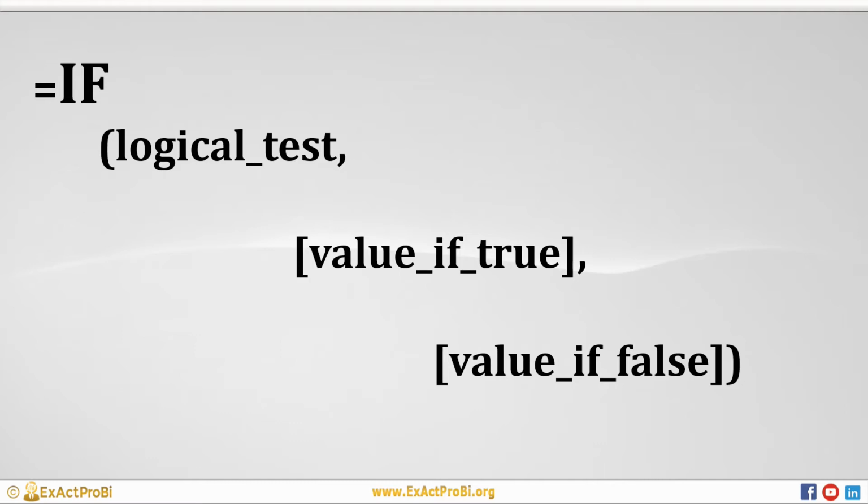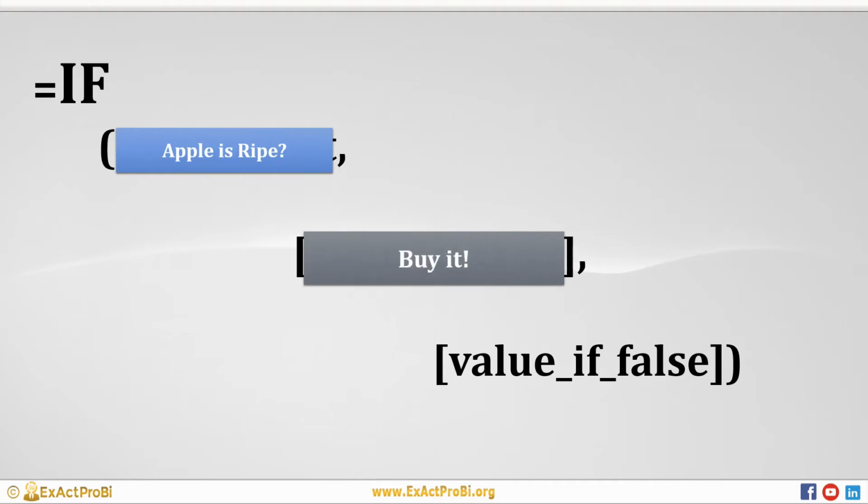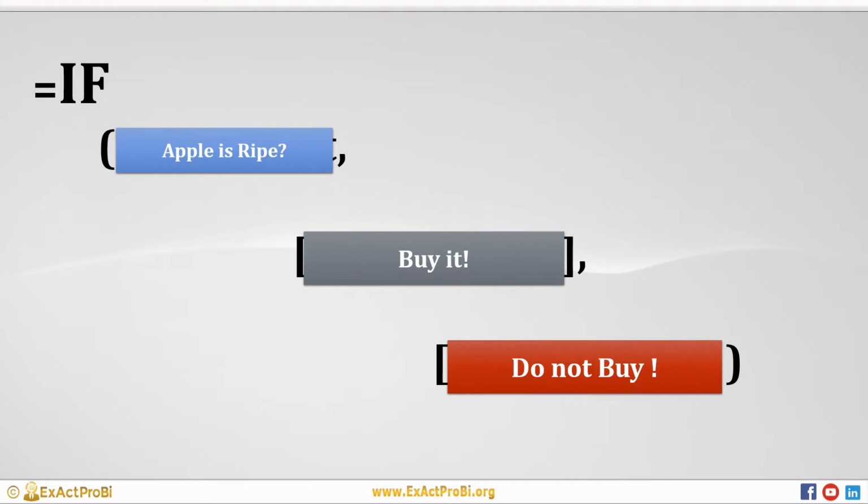Suppose we are going to the market to buy apples. First we'll test whether the apple is ripe. If it is ripe, that is, if the condition is true, then we'll buy it. Otherwise we don't buy it. That is false.